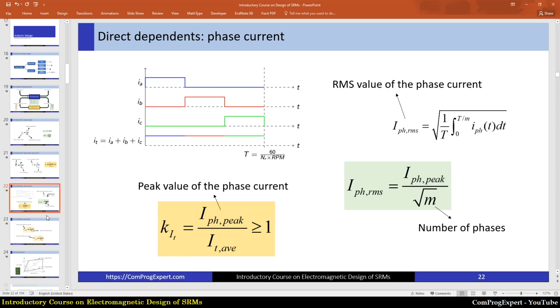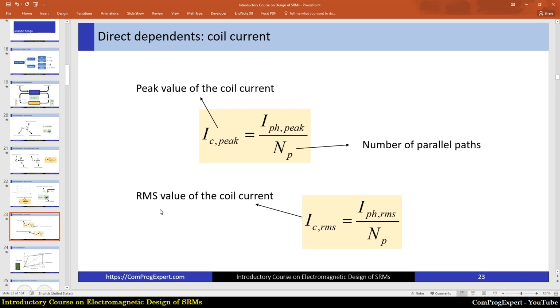So when we know the phase current, we can calculate coil current, right? The coil current, peak value of coil current is equal to peak value of the phase current divided by NP. And RMS value of the coil current is equal to the RMS value of phase current divided by NP.